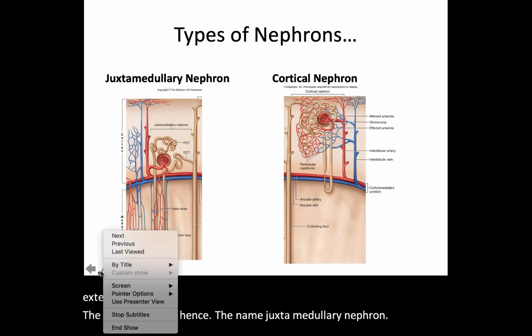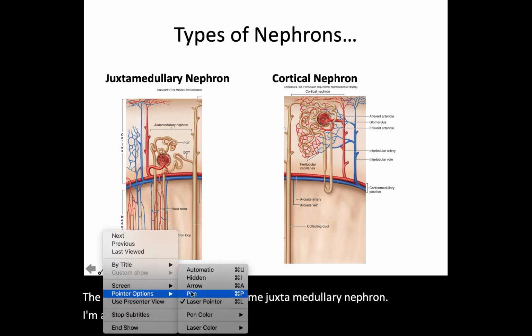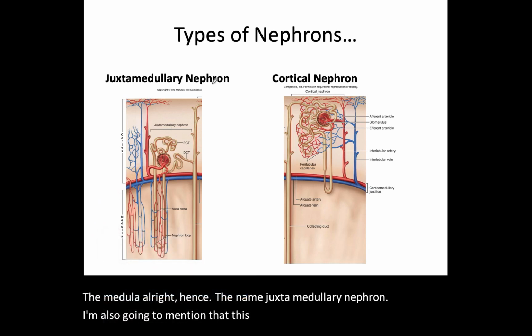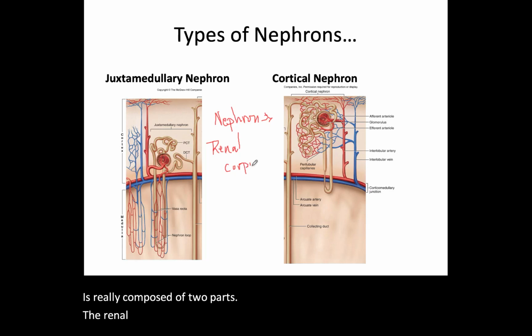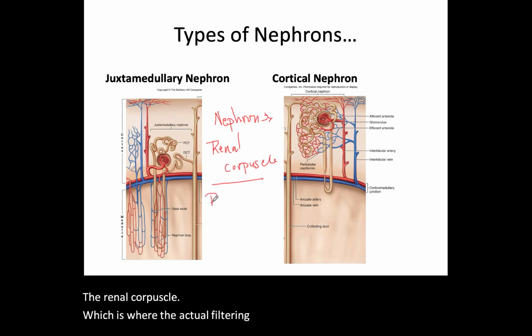I'm also going to mention that this idea of a nephron is really composed of two parts: the renal corpuscle, which is where the actual filtering takes place, and then we have the renal tubules as well.